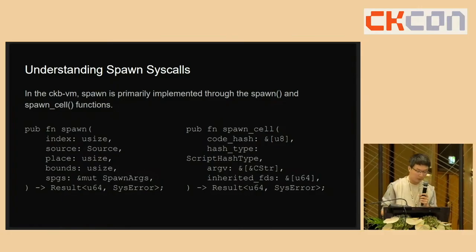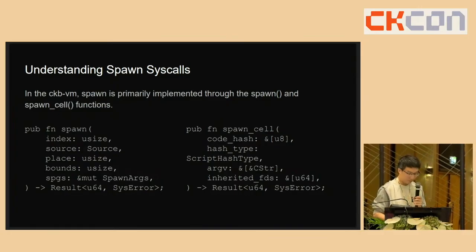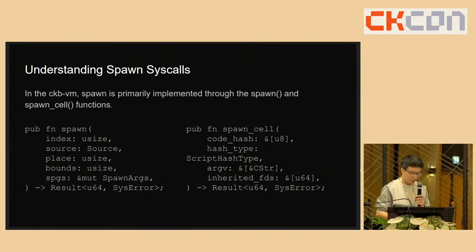These function signatures are as follows. At a low level, spawn_cell is simply a wrapper around spawn. Of note is the spawn_args parameter, which allows you to pass or get some information, such as the process ID of the child process.